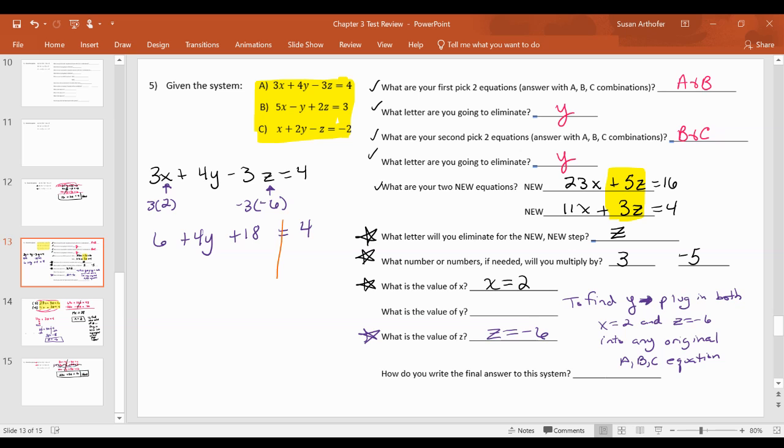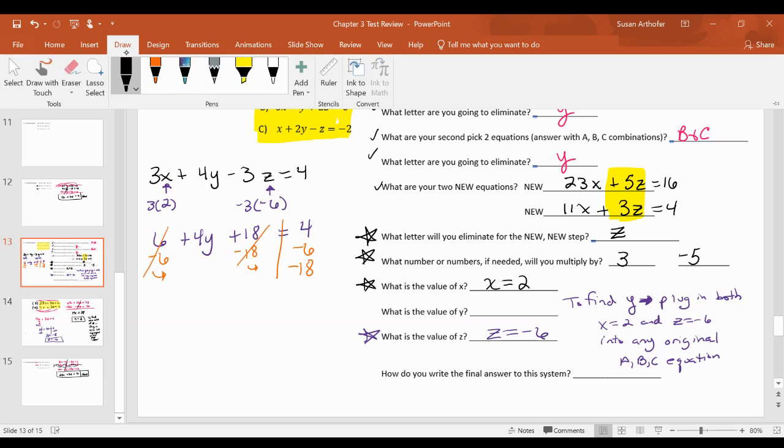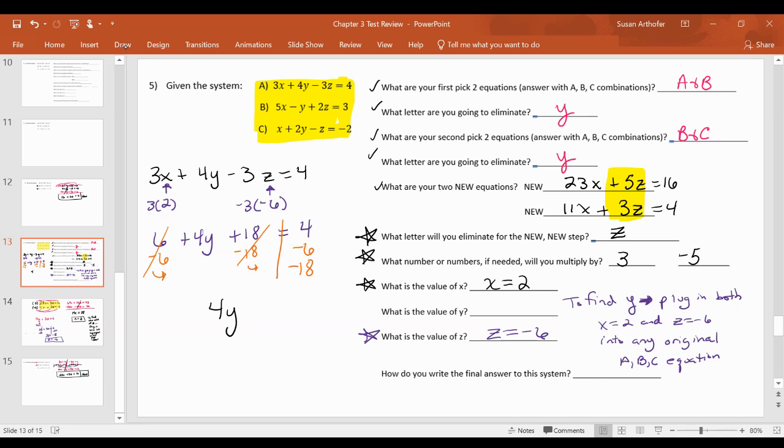Okay, so then I'm going to have to solve for y, so I'm going to pop this 6 over. I'm going to subtract 6 from both sides. That cancels. I'm also going to pop the 18 over, so I'm going to subtract 18 from both sides. That cancels, and down comes that 4y equals whatever 4 minus 6 minus 18 is.